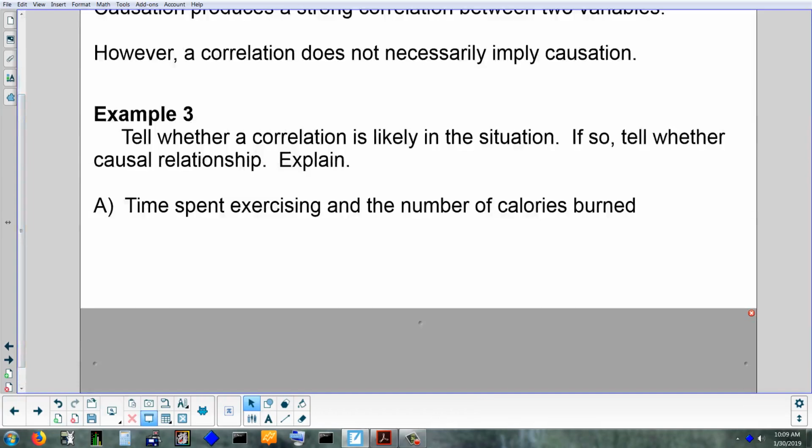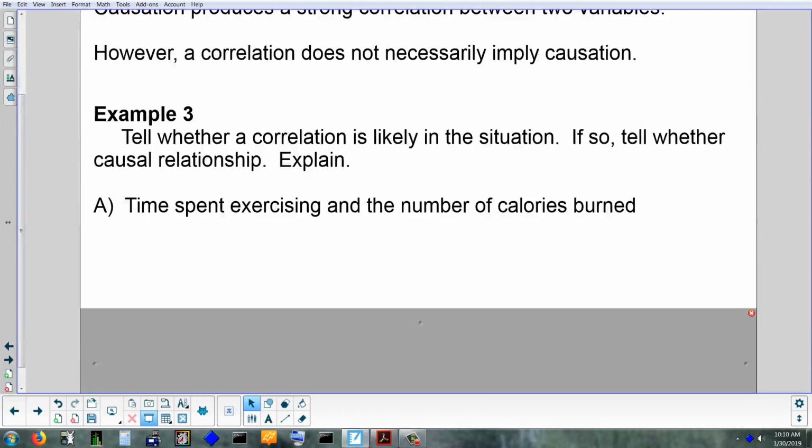All right, so let's look at 3A. Okay, this is saying that the time spent exercising and the number of calories burned. That's the situation. So we want to determine two things about it. One, is there a correlation? Two, is it a causal relationship between them?